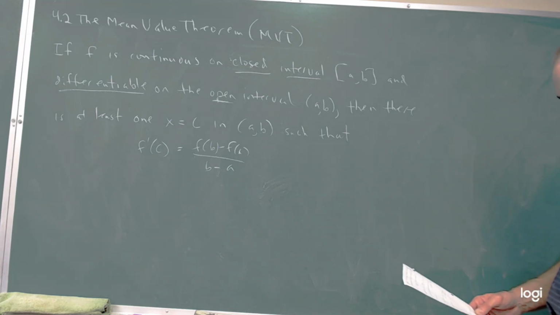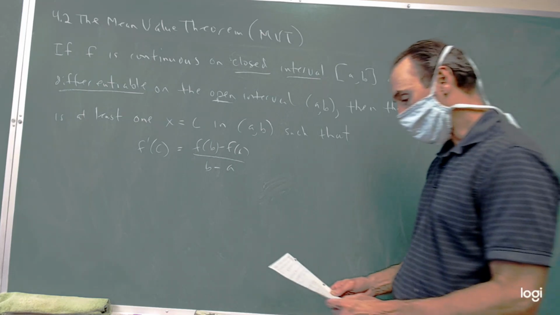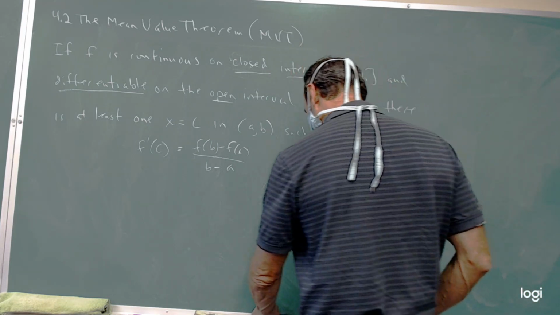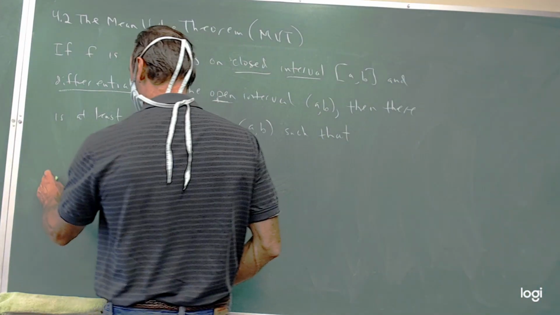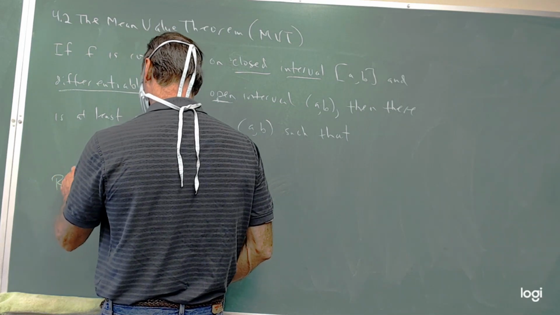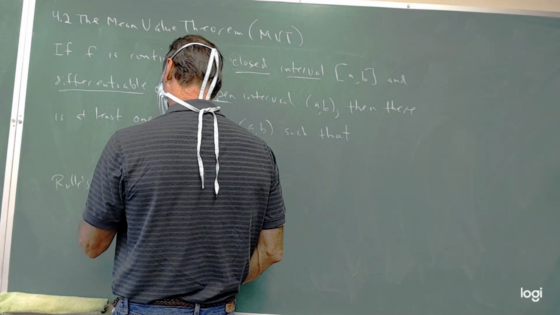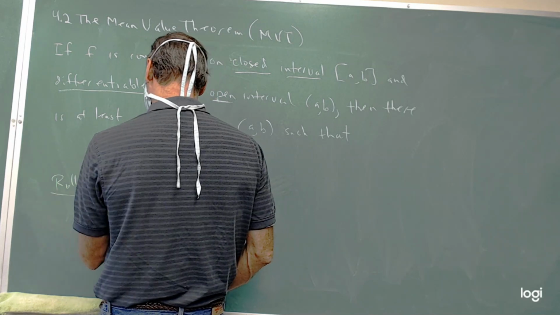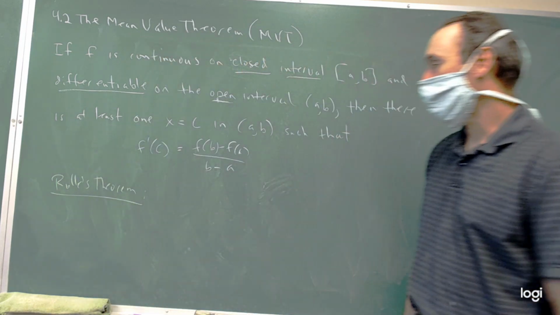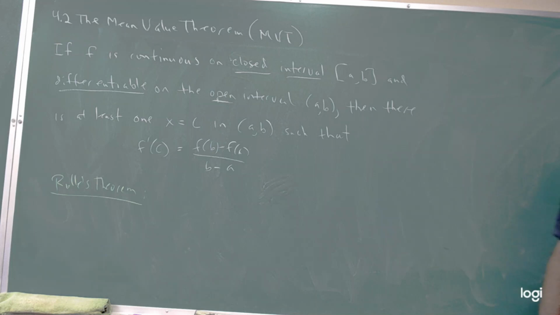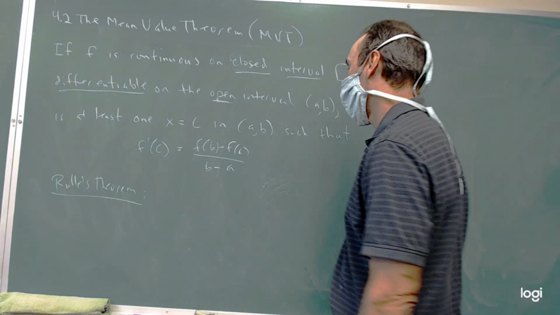So I want to do an example of that. Let's try one here. Now I'm just going to throw in Rolle's theorem, which is almost exactly the same as the mean value theorem.